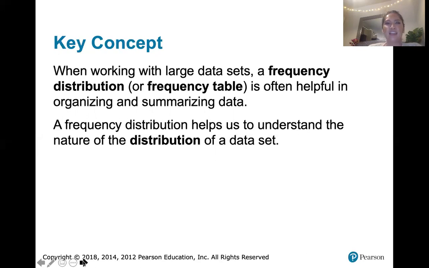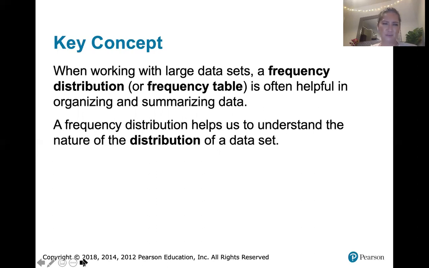And we'd like to take that list of 100 numbers or that list of 50 numbers or that list of so many numbers and summarize it in a smaller way in a table with a few values. That makes it a little bit easier for us to comprehend the trends. So that's what a frequency distribution will do for us.